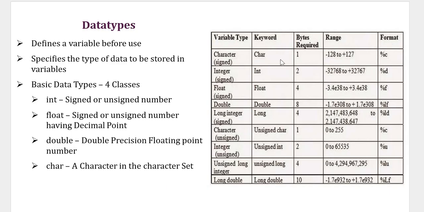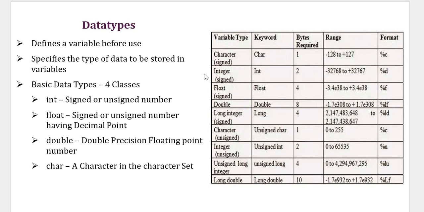In this table you can see the variable type, the keyword we use for the particular variable, the memory size the variable could have, and the range, followed by the format which could be used in the input output statements.